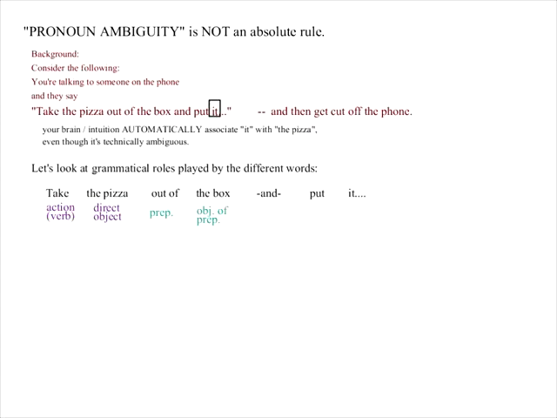But if you take a look at the second clause, we have another action verb and another direct object. So notice that this is parallel to the pronoun, and this is not parallel to the pronoun.